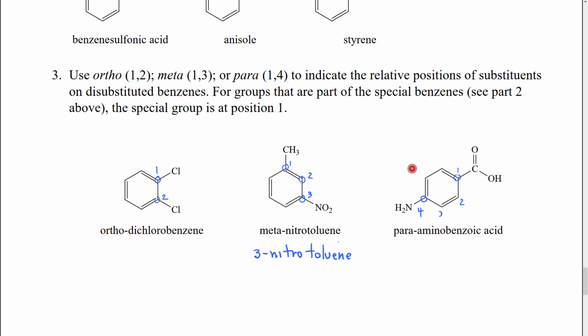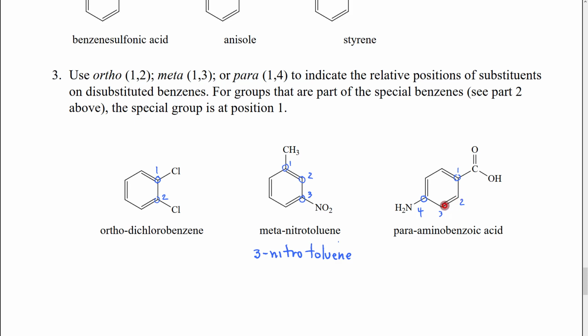This is another molecule that has 2 groups attached. It turns out that the carboxylic acid has a higher priority. So we're going to name this as a benzoic acid that has this NH2 group attached. NH2 is called amino.